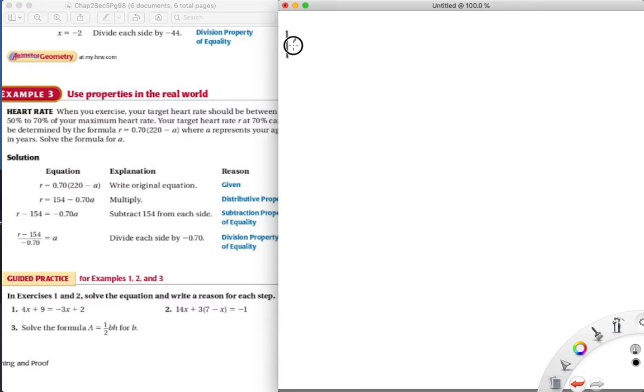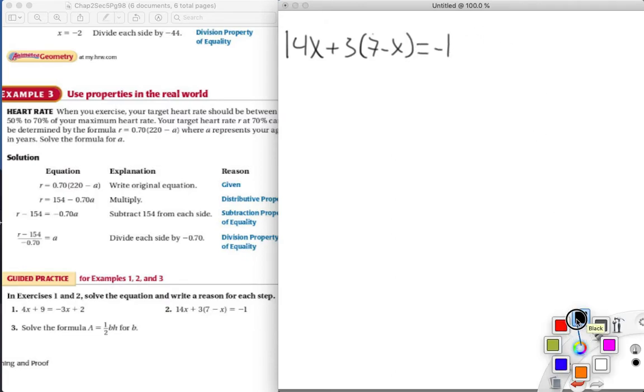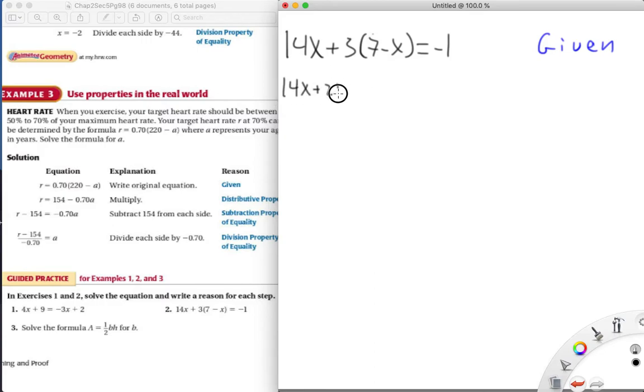Alright, so we have 14x plus 3 times 7 minus x, and that equals negative 1. Again, that's given to us from the problem. Second step would be to say 14x plus 21 minus 3x equals negative 1, and that's because we used the distributive property.